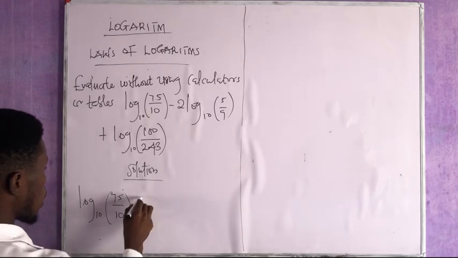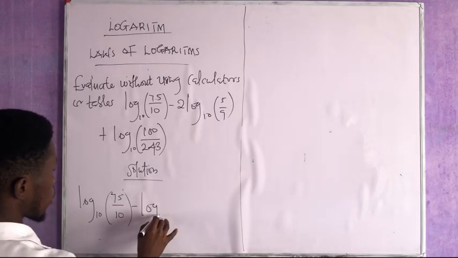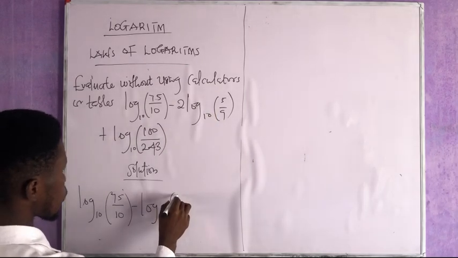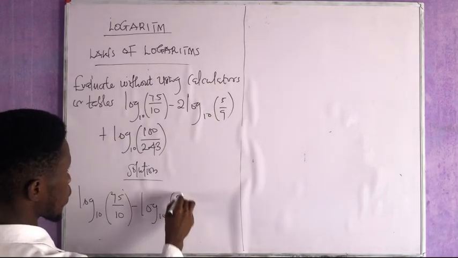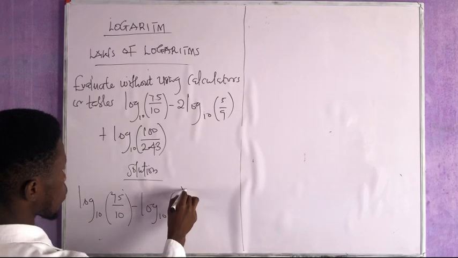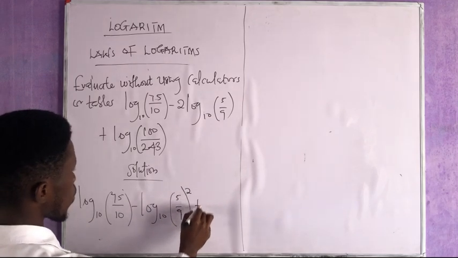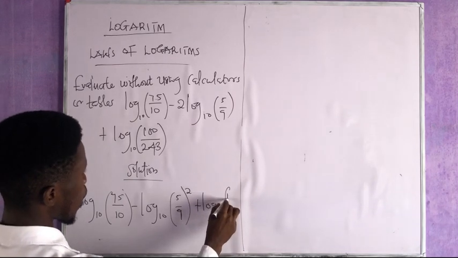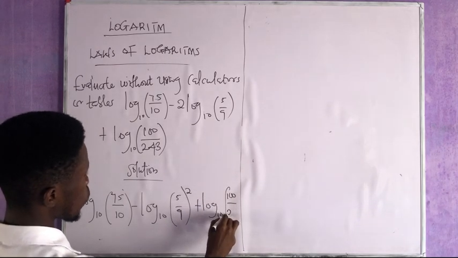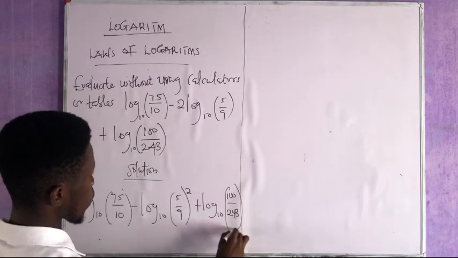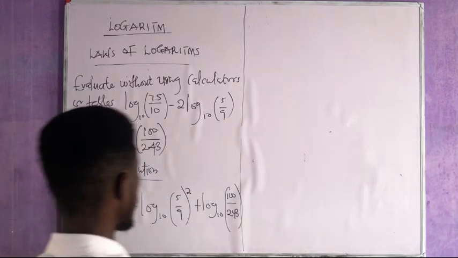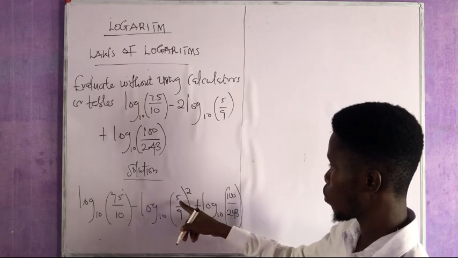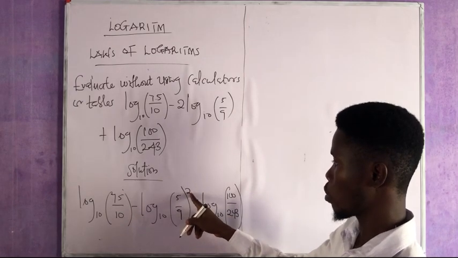So minus log of 5 over 9 to the power 2, plus log 100 over 243. So this is what I'll have. And looking at this squared, I'll distribute it here and here.